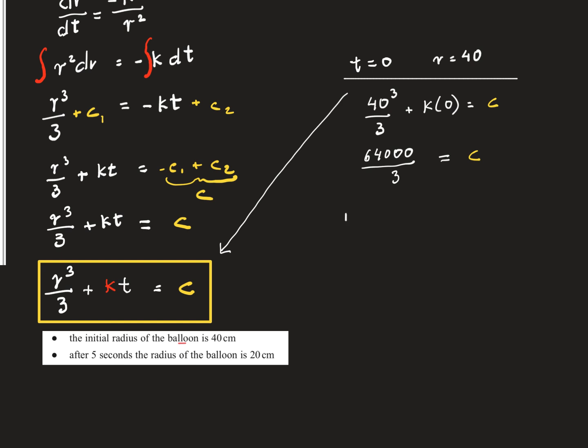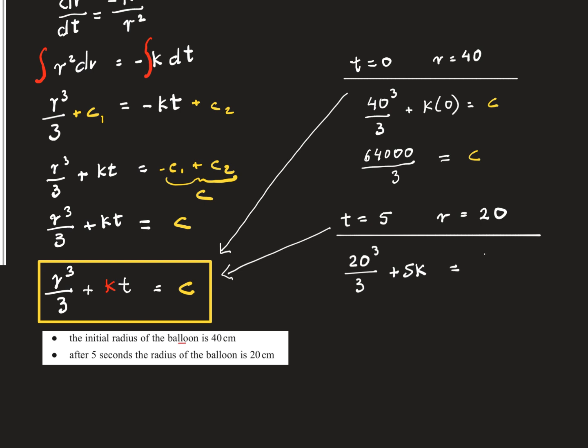Now the second piece of information we have is when t is equal to 5, our radius is equal to 20. So once again, let's put it into here. We know now what c is, by the way. So 20 cubed over 3 plus 5k is equal to 64000 over 3.